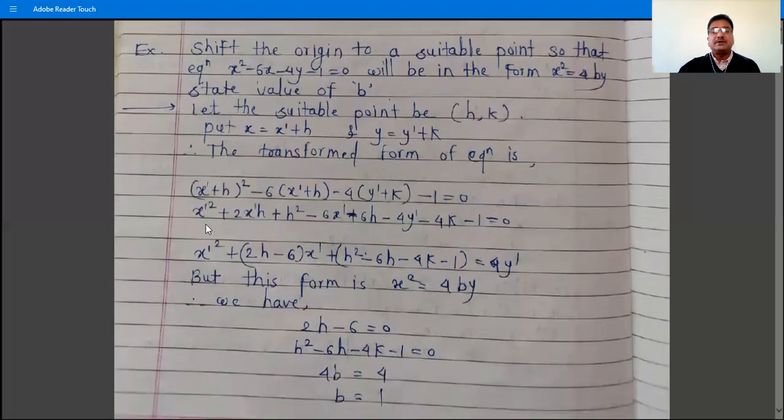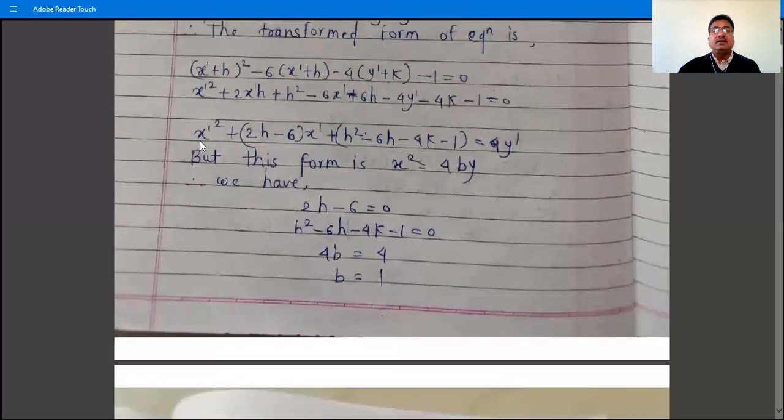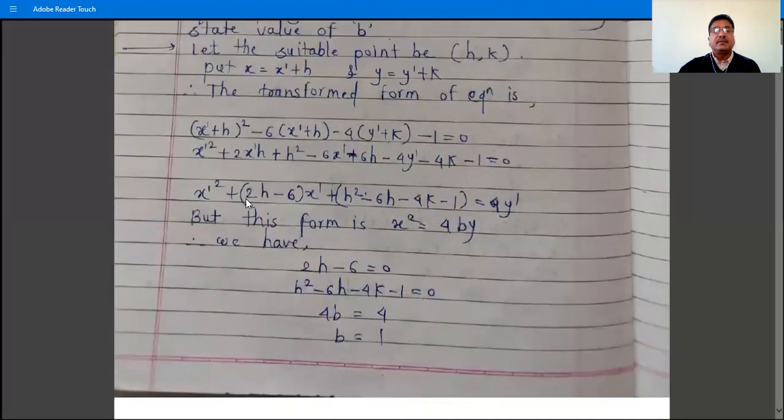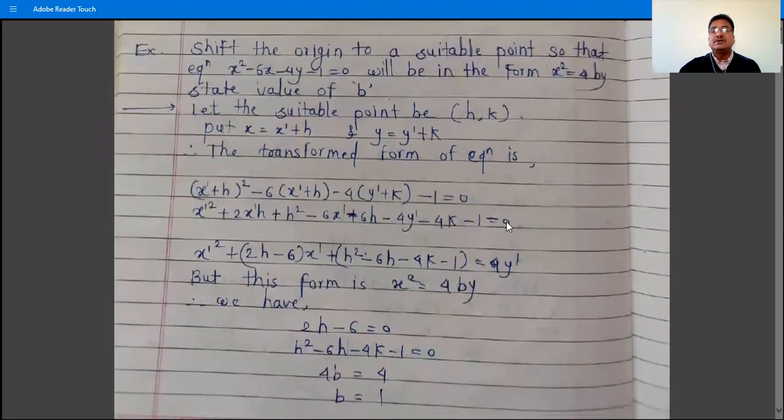After simplification, we have this, and then we have x'^2 plus in bracket (2h - 6) x' plus the constant term, which is h^2 - 6h - 4k - 1, equal to the term of y, which is -4y', shifted to the RHS, equal to 4y'.